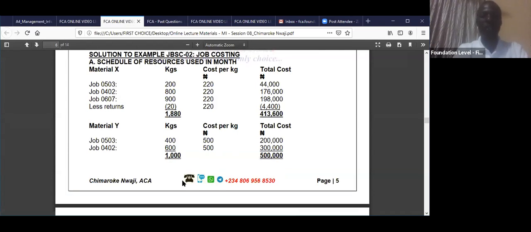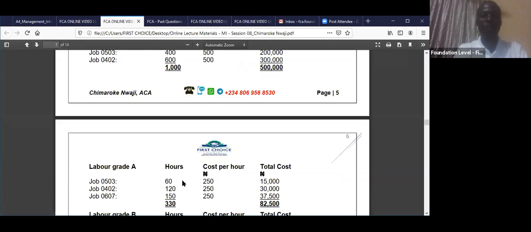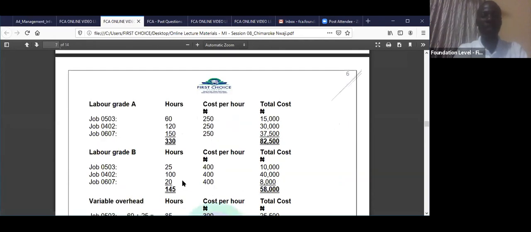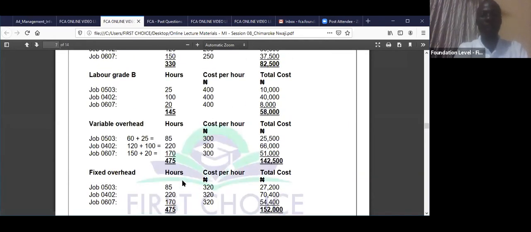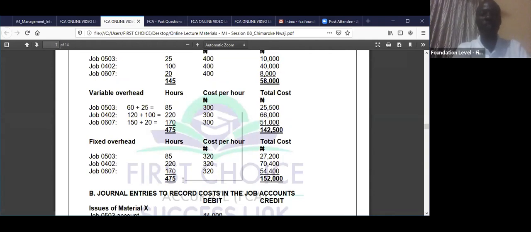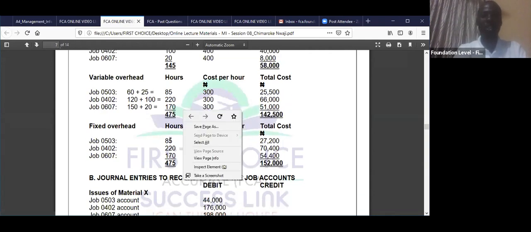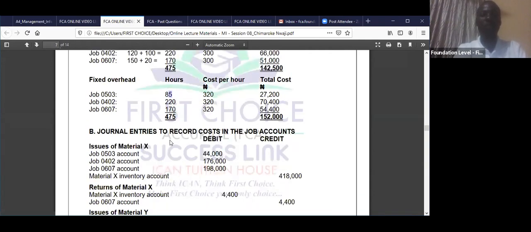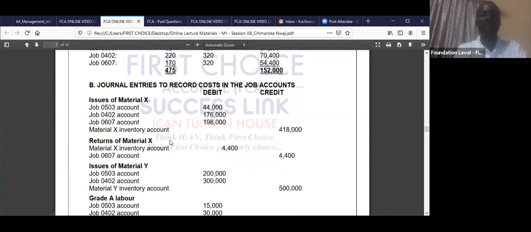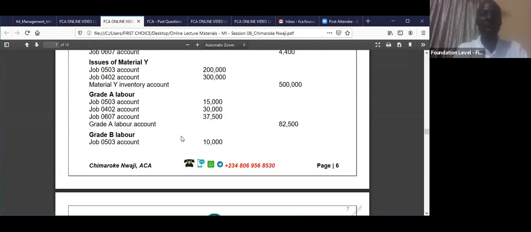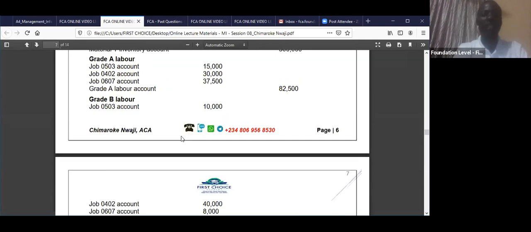We saw labor grade A, how it was used, and labor grade B, variable overhead, fixed overhead. All these are the resources used in the job. We saw how we put the entries here, the material X entry, debit and credit, the journal entries. All those resources had journal entries. We saw how it was entered.